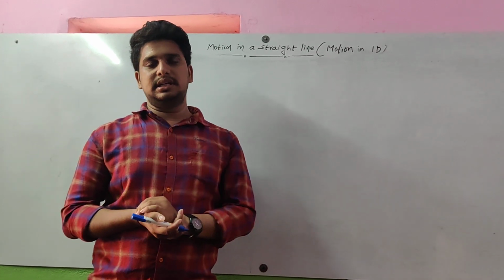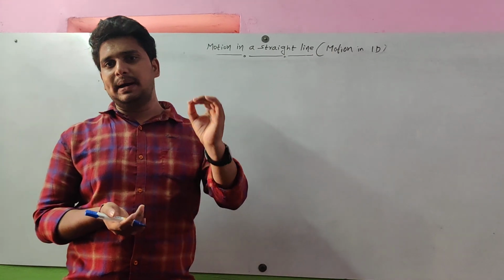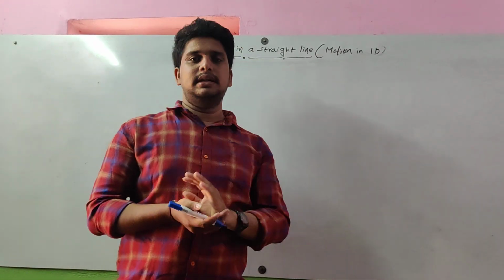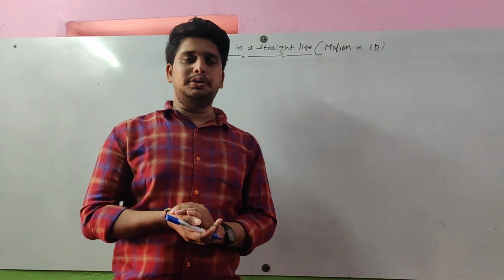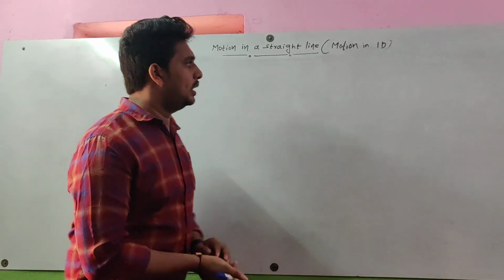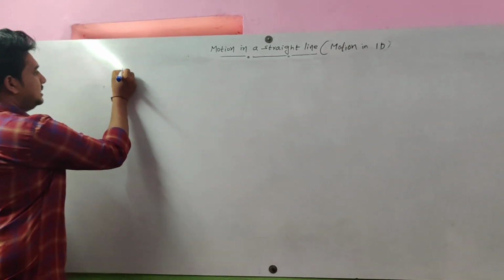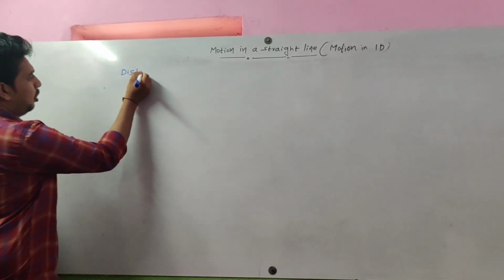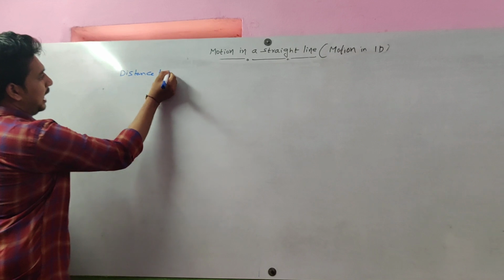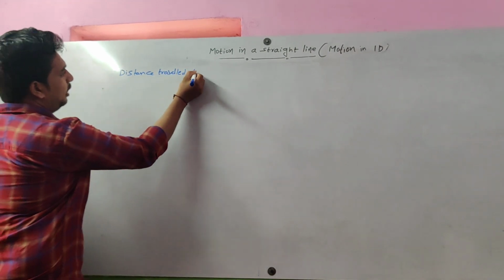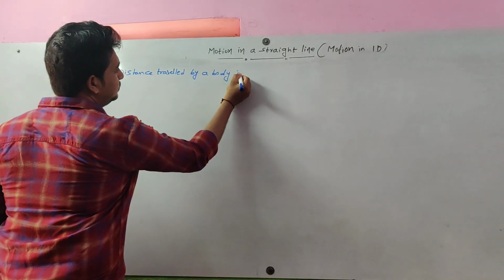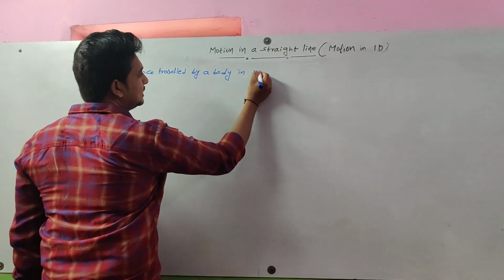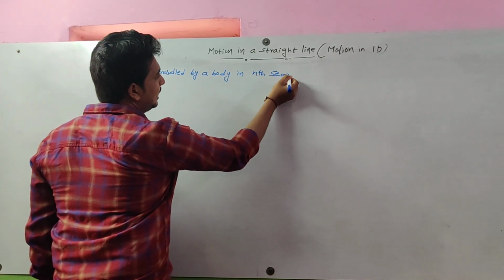What is the fourth equation here? Distance traveled by a body in nth second.